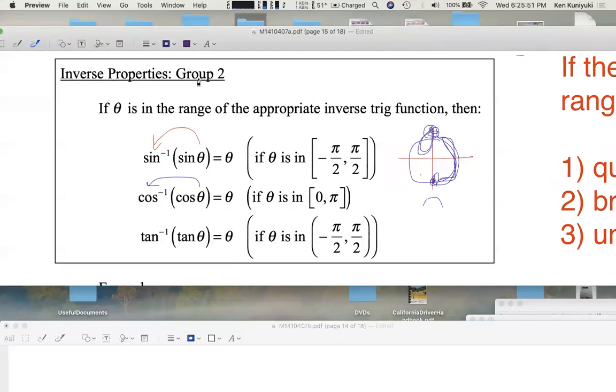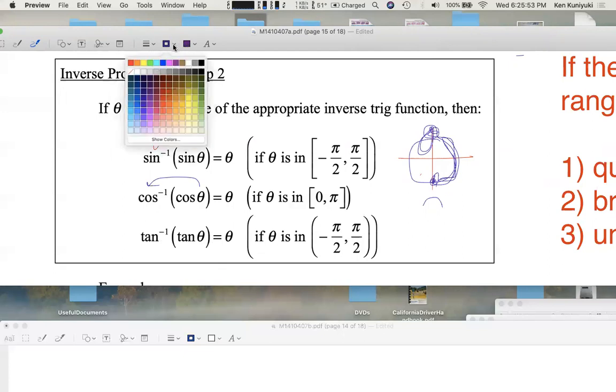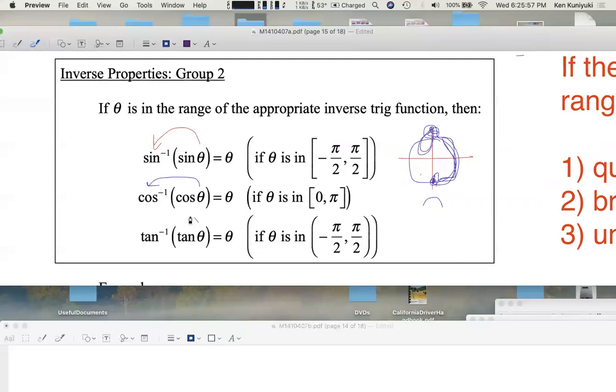For inverse tangent and tangent, theta asks inverse tangent, am I in your range? Now, inverse tangent is not so liberal, as tangent and inverse tangent were back in group 1. See, the range for tangent is all reals. The range for inverse tangent is not all reals.